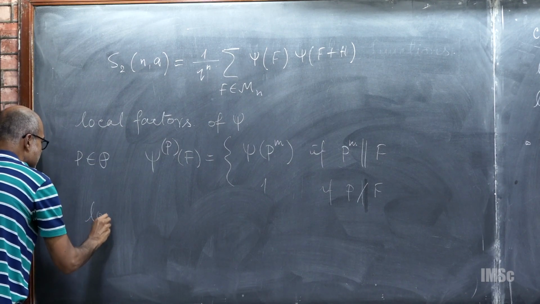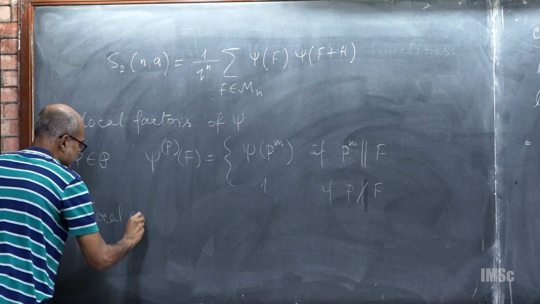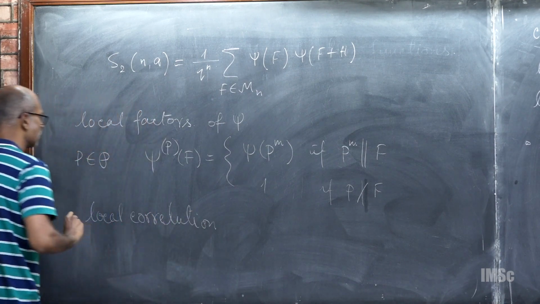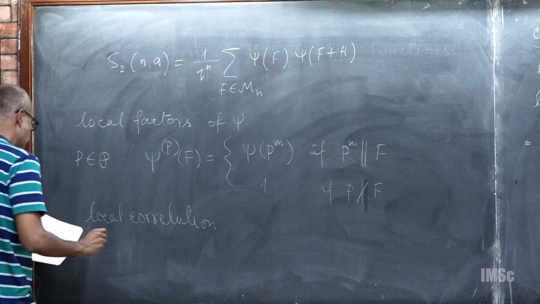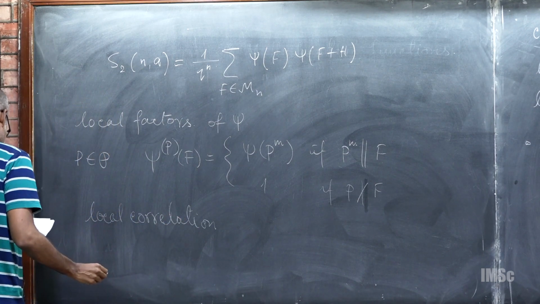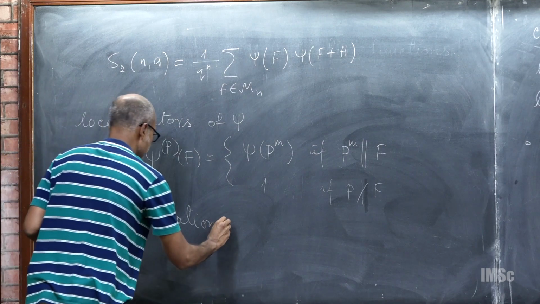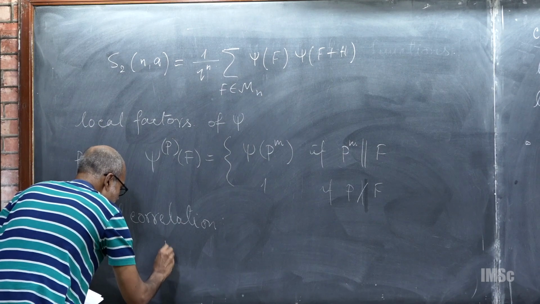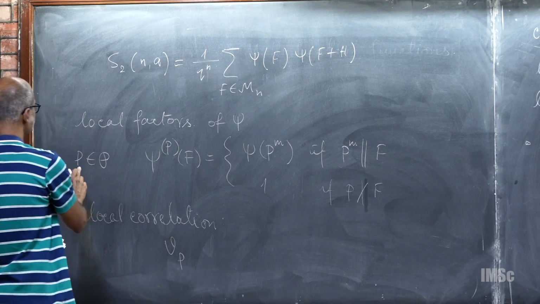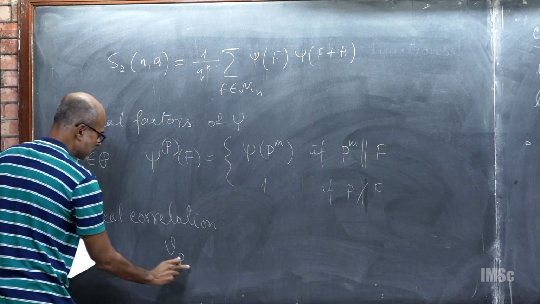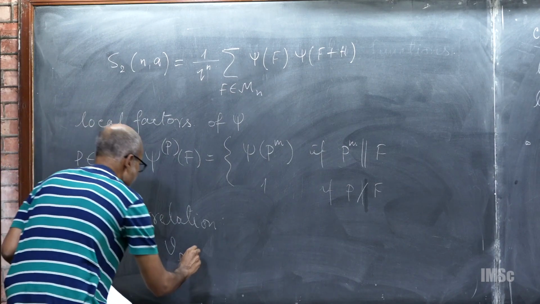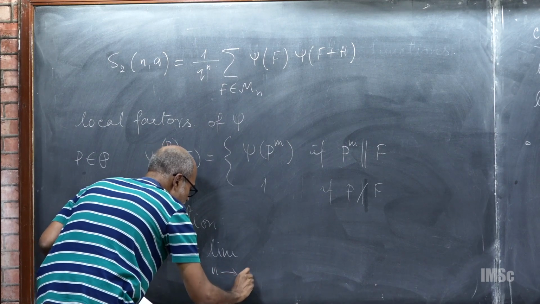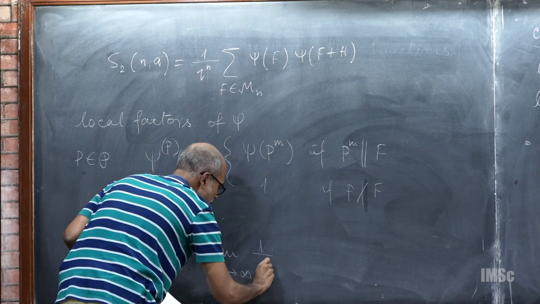And the local correlation is the following. The local correlation at a prime p, an irreducible polynomial, I am just writing as v of p. This is already a limit, as n tends to infinity, of 1 over q to the n.